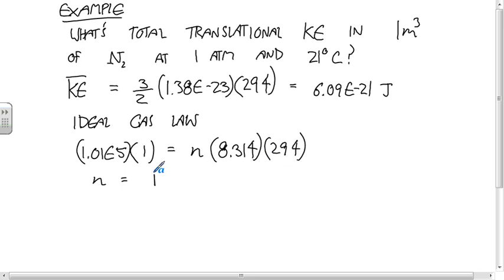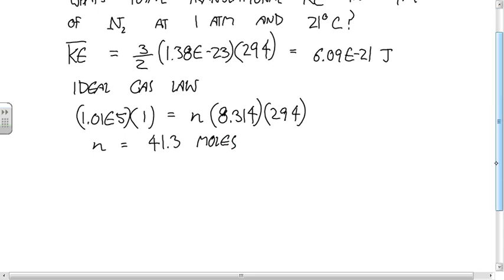Okay. So now we have the kinetic energy for the average molecule. We have the number of moles.